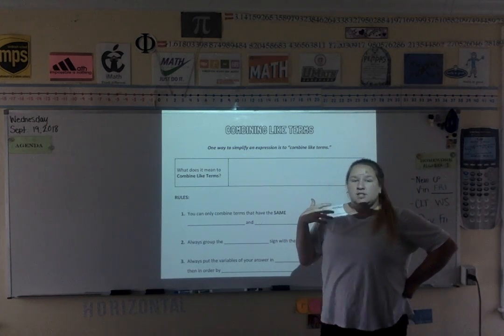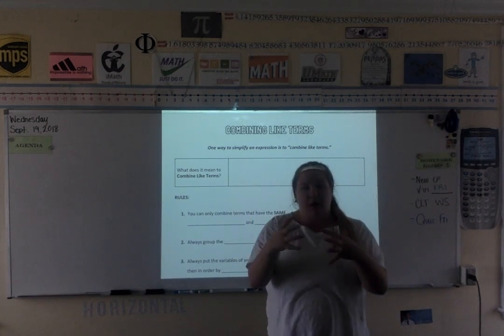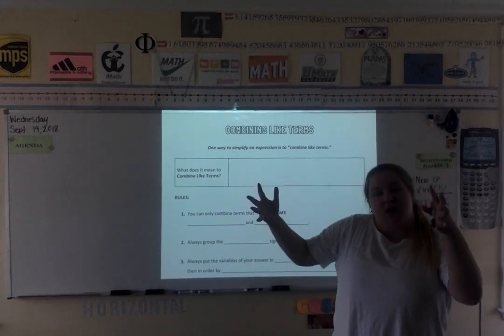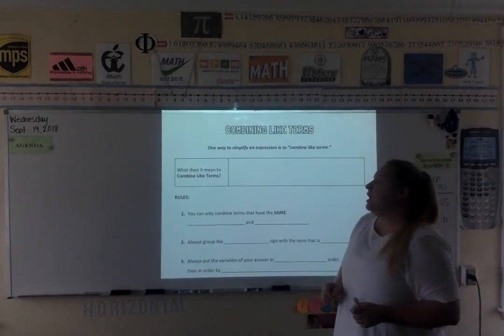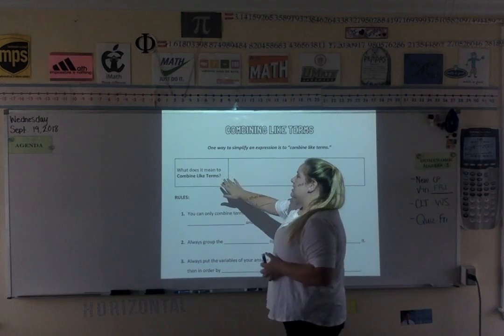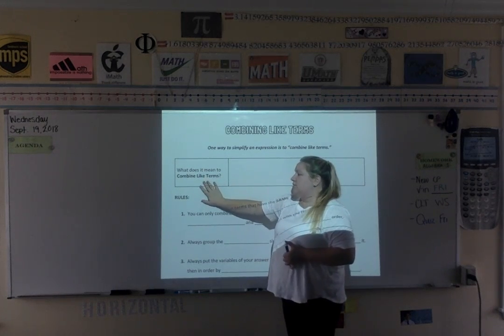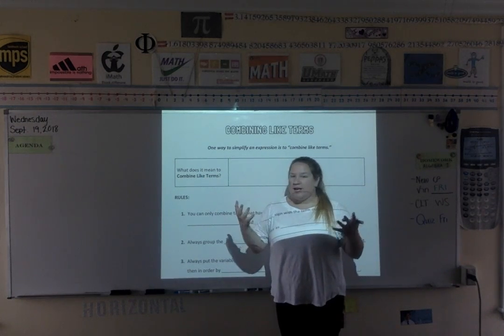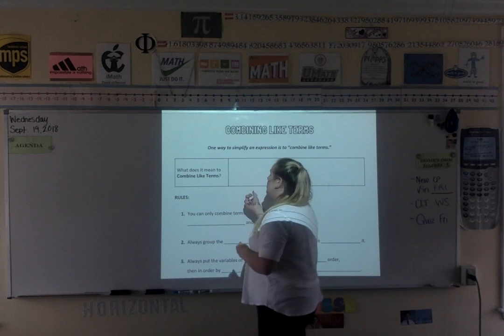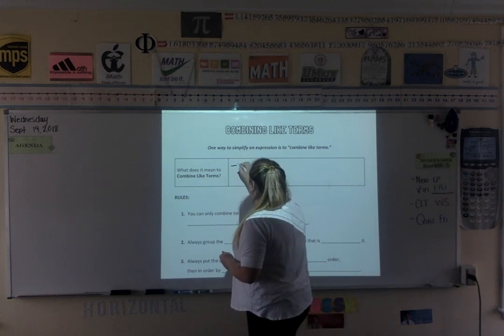So again, it's a way to simplify an expression. Simplify means to condense, make smaller. So you want to go from something that's long and make it short, okay? So what does it mean to combine like terms? Combining like terms, again, in the word combine, you're going to join together.